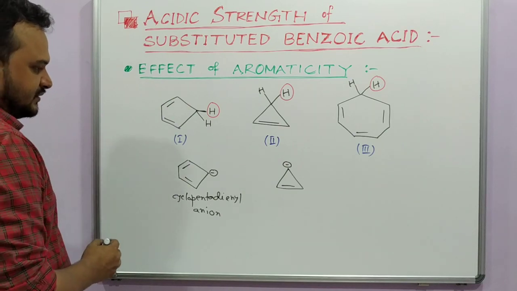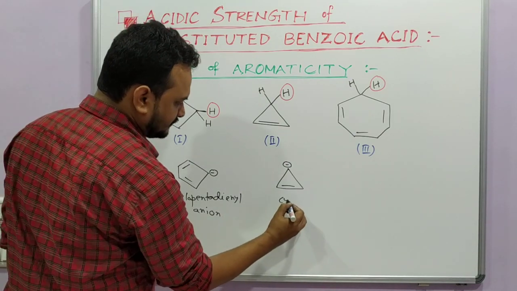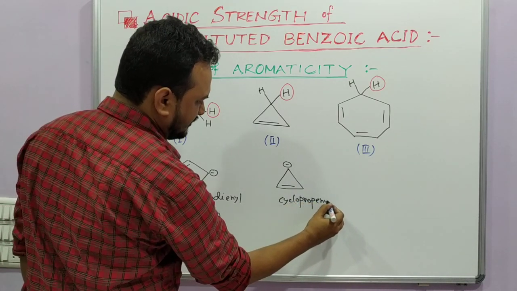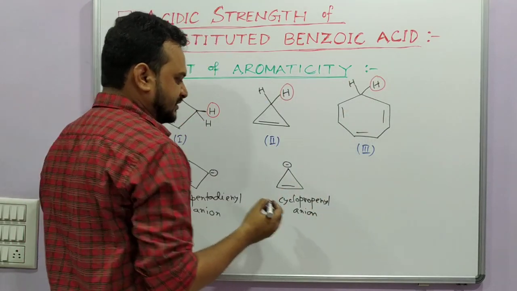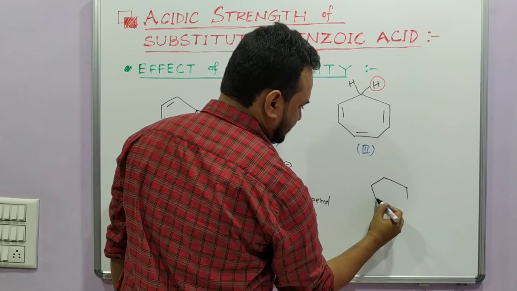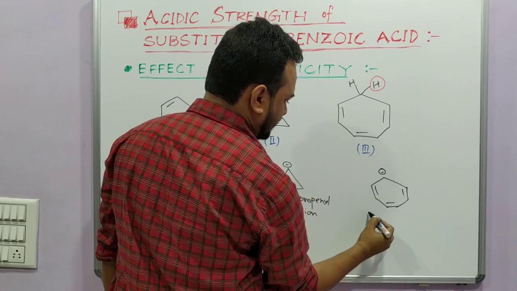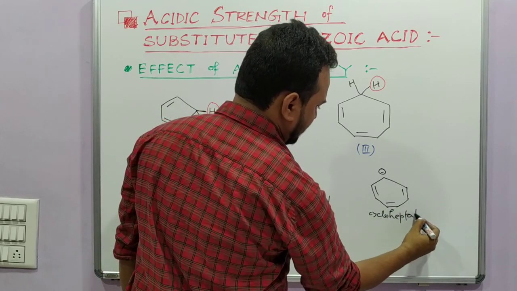So this is cyclopropenyl anion, and if I remove this hydrogen as H plus here, the conjugate base obtained is cycloheptatrienyl anion.